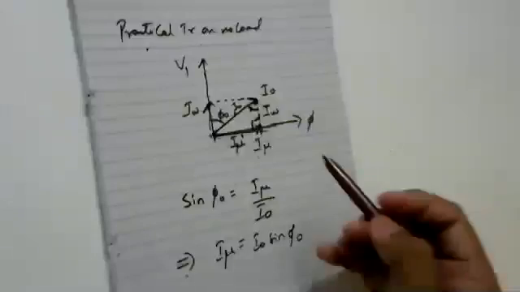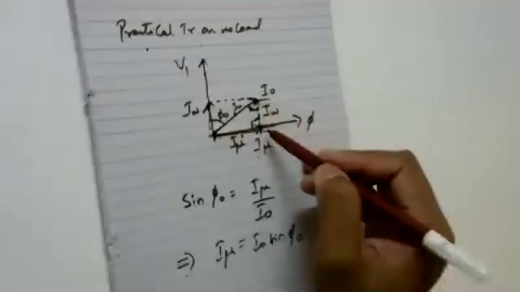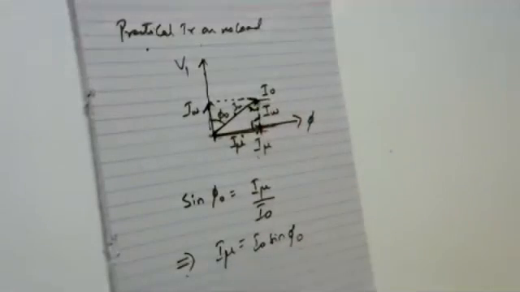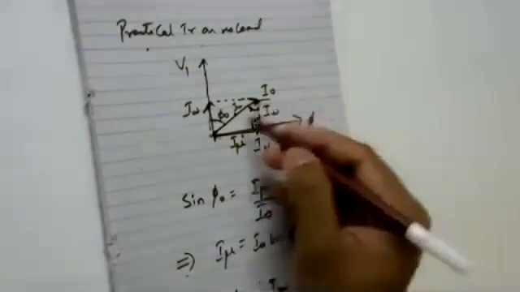Agreed? Now if I want the value of IW, you write the equation for cos phi naught. Cos phi naught is the adjacent side IW divided by the hypotenuse I naught. This implies IW is equal to I naught cos phi naught.